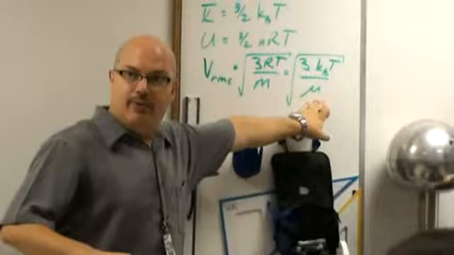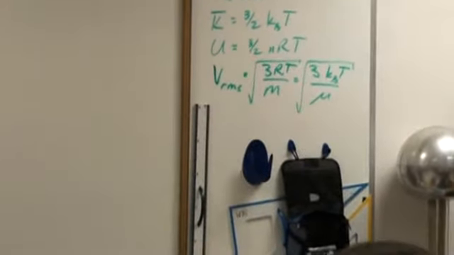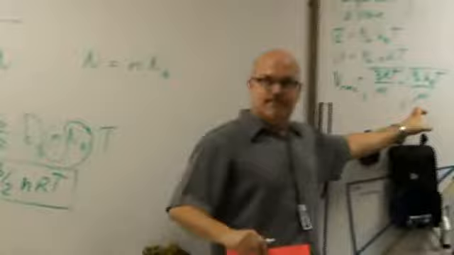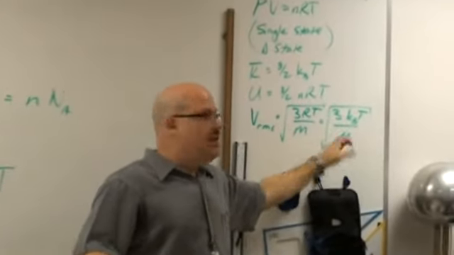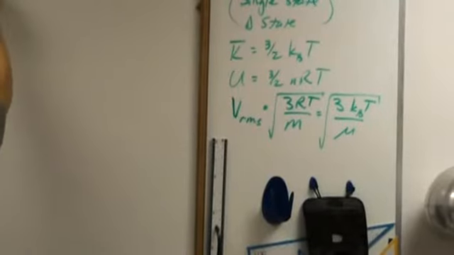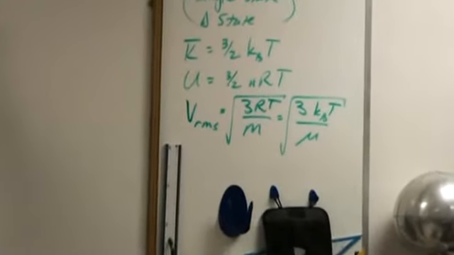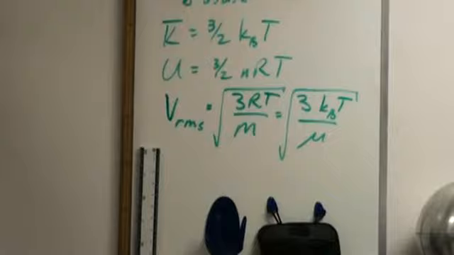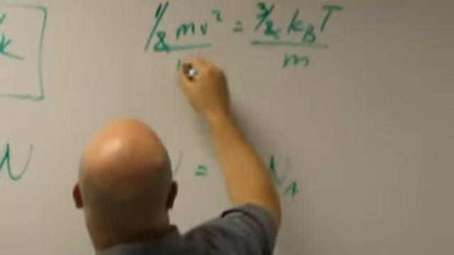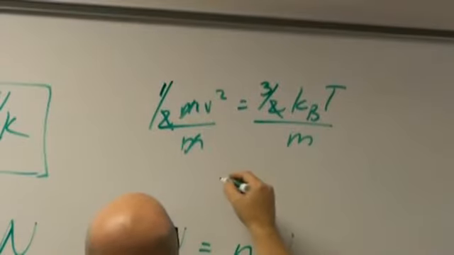Do you see that if I square root both sides, I'll end up with v on the left and a square root on the right? So when I have 1/2 mv squared equals 3/2 k_B T, the half goes away, the mass goes to the denominator, and I square root both sides.